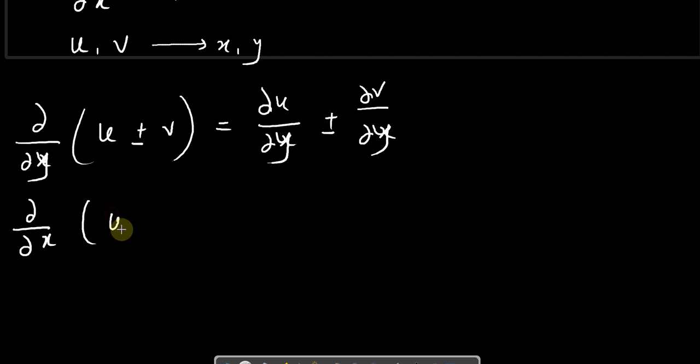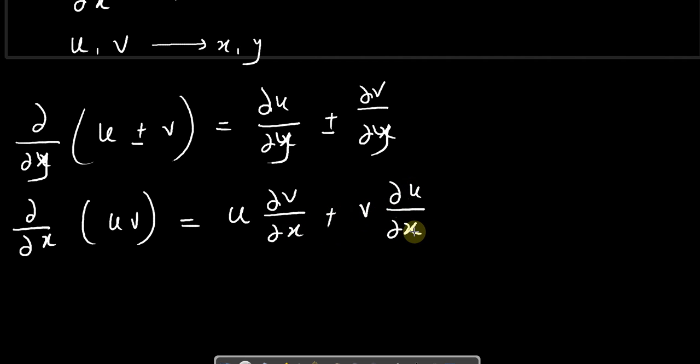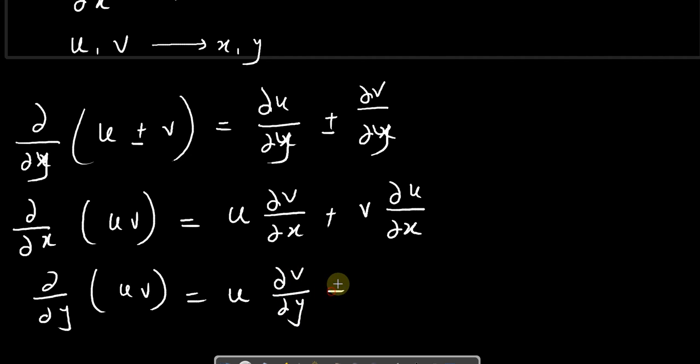For the derivative of multiplication, we use the product rule. U as it is, derivative of v, plus v as it is, derivative of u. Same rule for the partial derivative with respect to y. One function as it is, derivative of the other, plus the second function as it is, derivative of the first function.